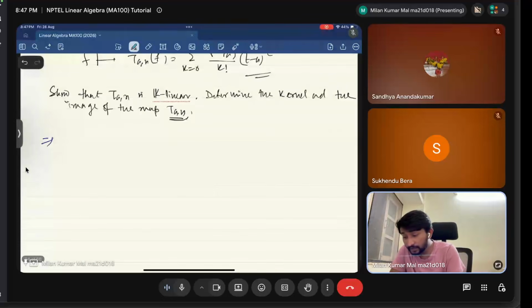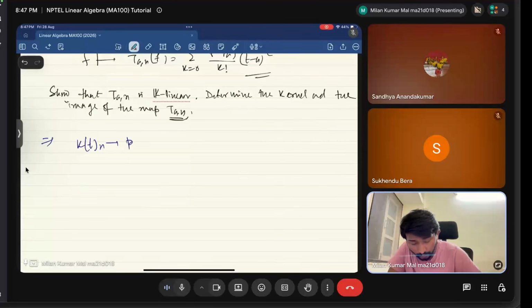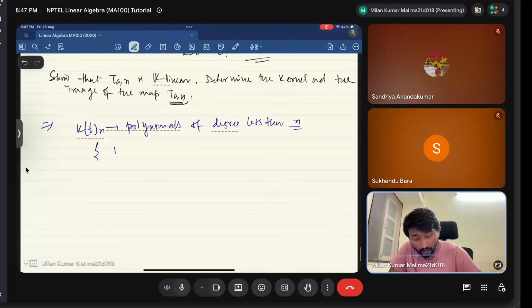Before that, let me just formally mention what K[t]_n means. K[t]_n is defined many times, but still, it is the polynomials of degree less than n. There is a basis 1, t minus a, if a is a fixed number.